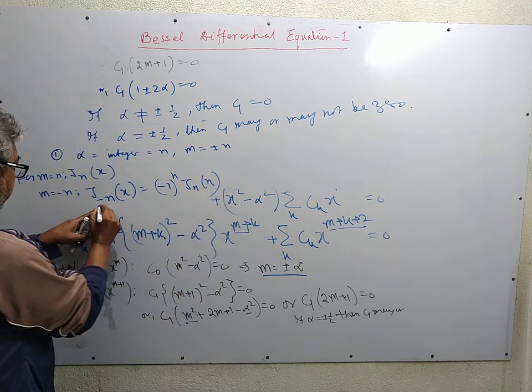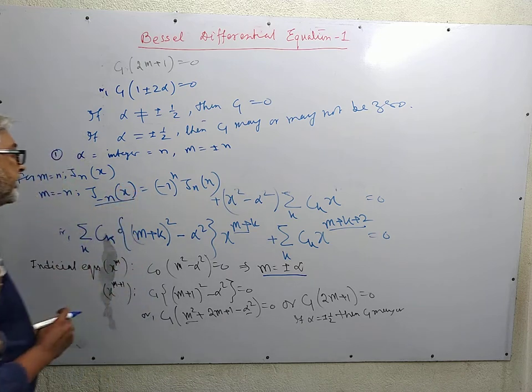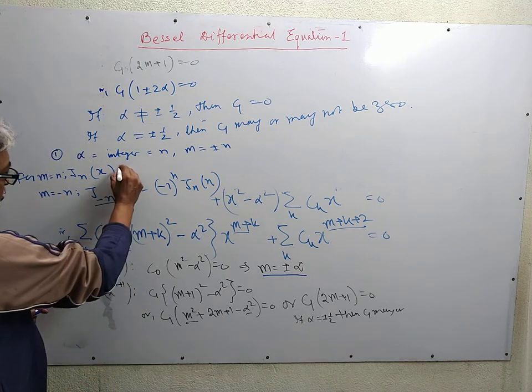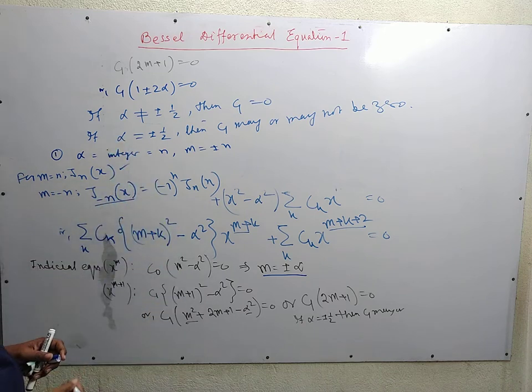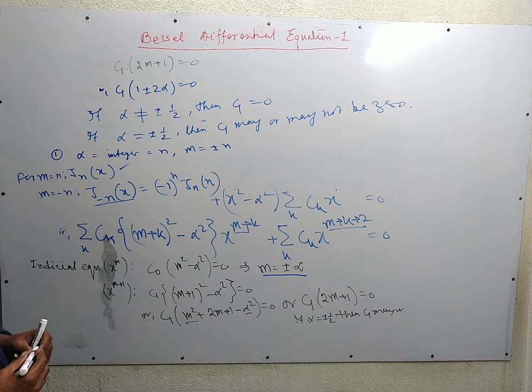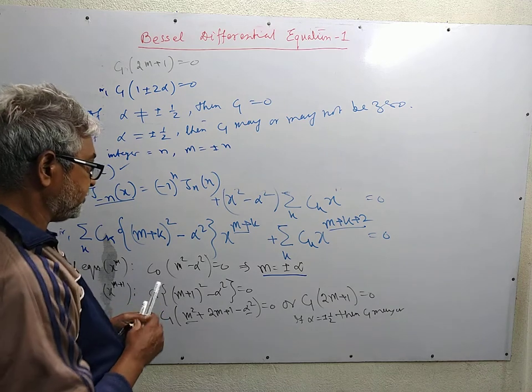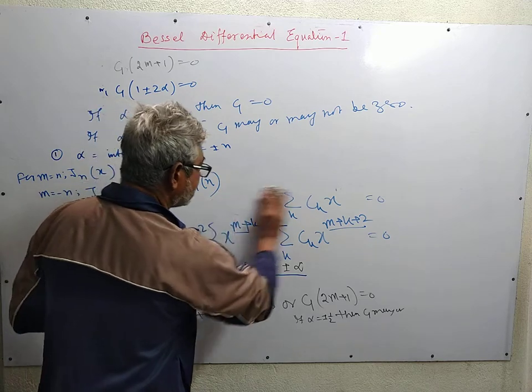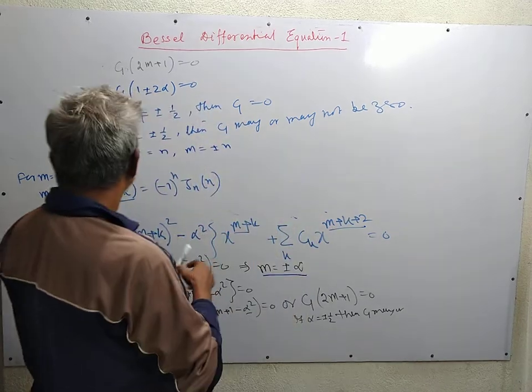So this is not a linearly independent solution. So we conclude that the higher root indeed gives a solution, while the lower one does not give us a linearly independent solution. This relation will be required afterwards, so I am writing it in this part.